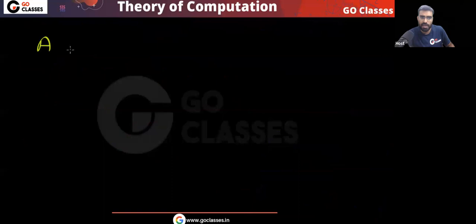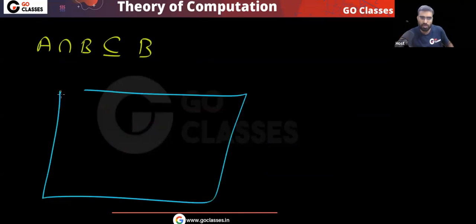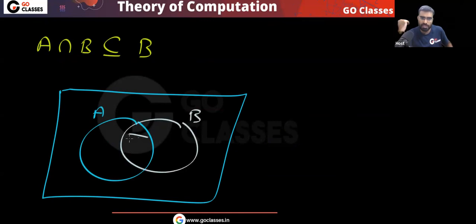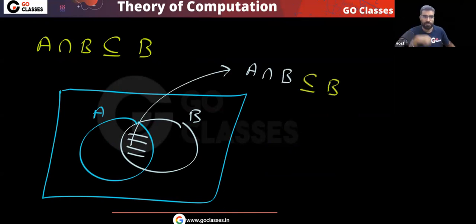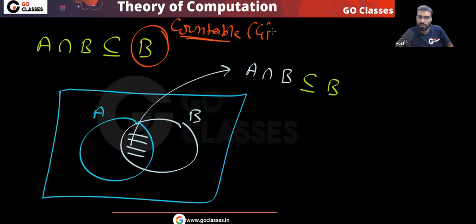Look at this area: A intersection B is a subset of B, and B is already given to you as countable.